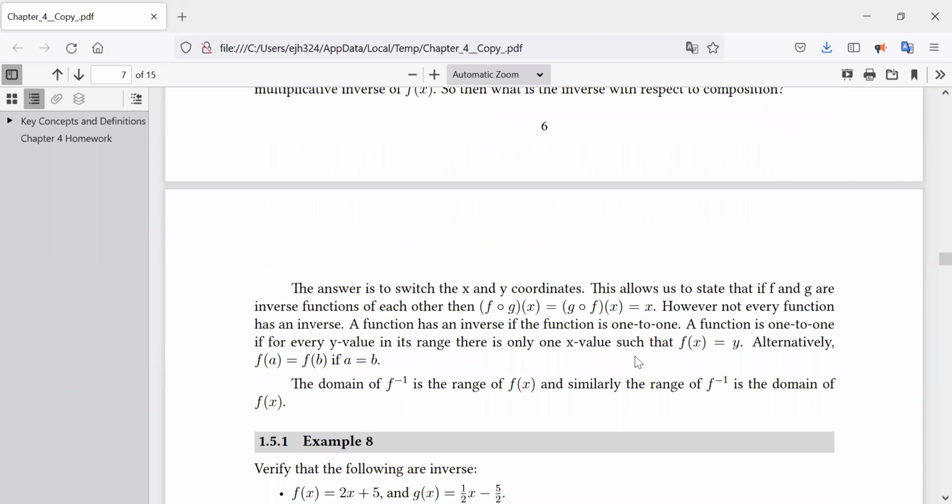So there are a few things that we need to do to make sure that this can even exist. First off, our function has to be 1-to-1, meaning that you can't have something like this.